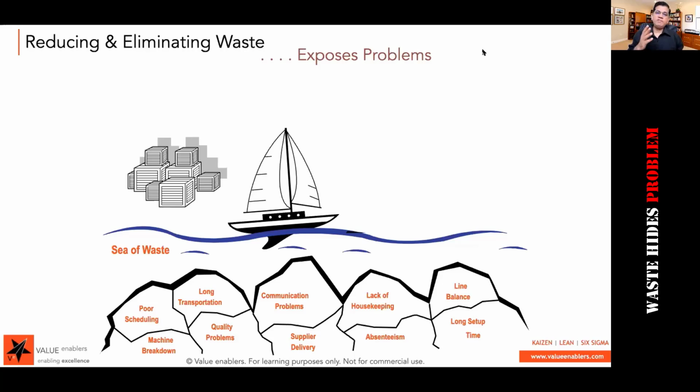So if you have excess inventory, that means excess inventory is hiding a particular waste. By reducing that inventory, slowly you expose the waste and solve that problem. The idea is not inventory reduction. The idea is to reduce the inventory to see which problem gets exposed first and solve that problem.